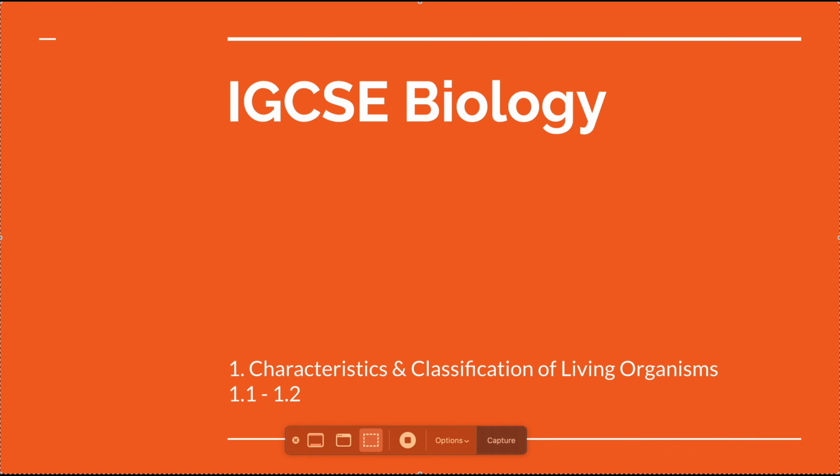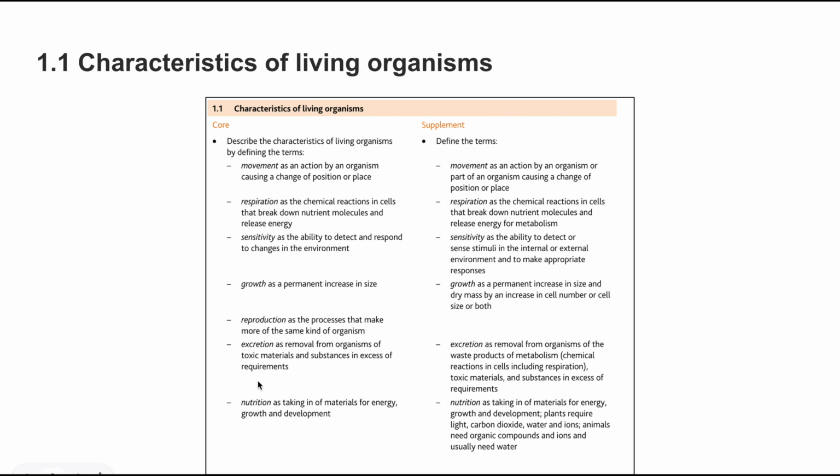Hello everyone, welcome to our first lesson of IGCSE Biology course, which will be Chapter 1, Characteristics and Classification of Living Organisms. In this video today, we will cover specific topics 1.1 and 1.2. Starting with 1.1, Characteristics of Living Organisms.